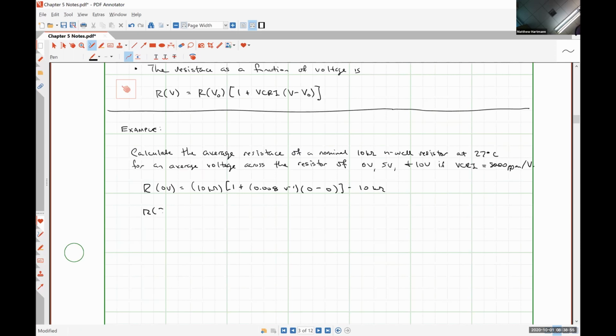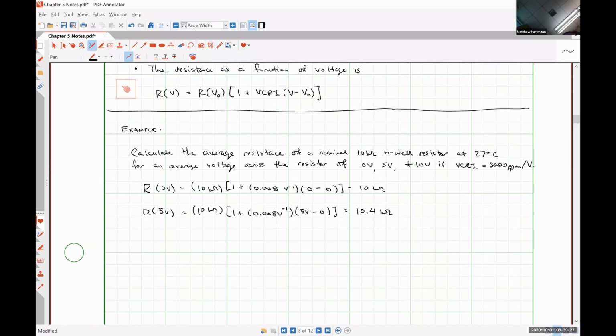If our average voltage applied is 5 volts, we should see some difference now. Writing's getting terrible. And this will give us 10.4 kilo ohms.